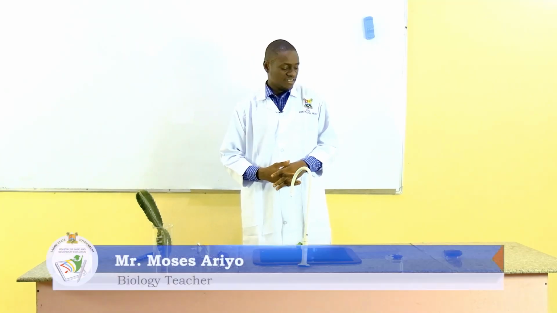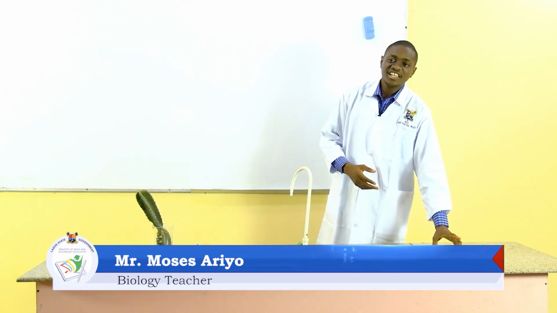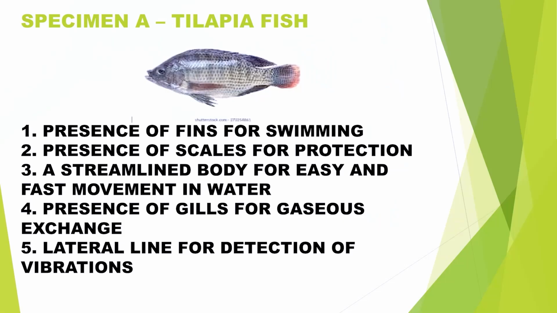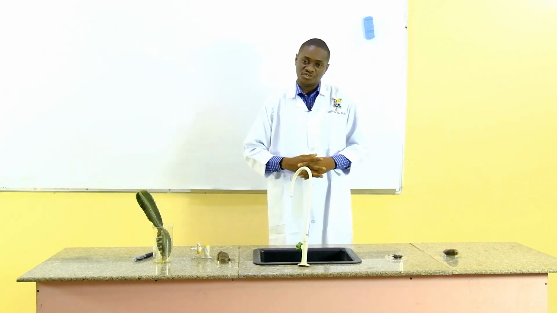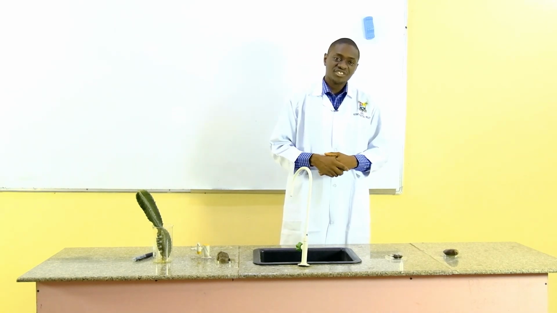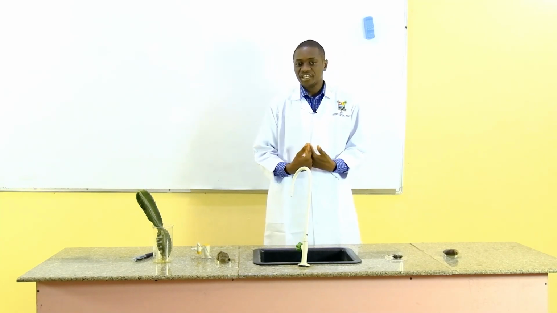So I will pick my first specimen, which is a tilapia fish. And as you can see on the screen, you can see the beautiful picture of a tilapia fish. Mind you, when we talk about observable features, they are features that are evidently seen. Take, for instance, look at me now.